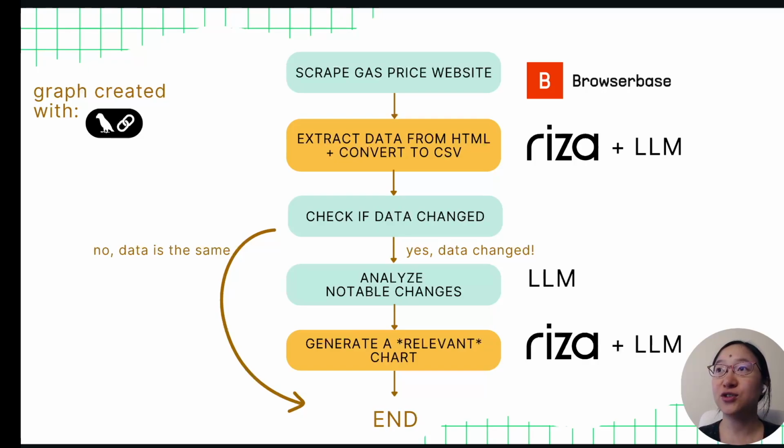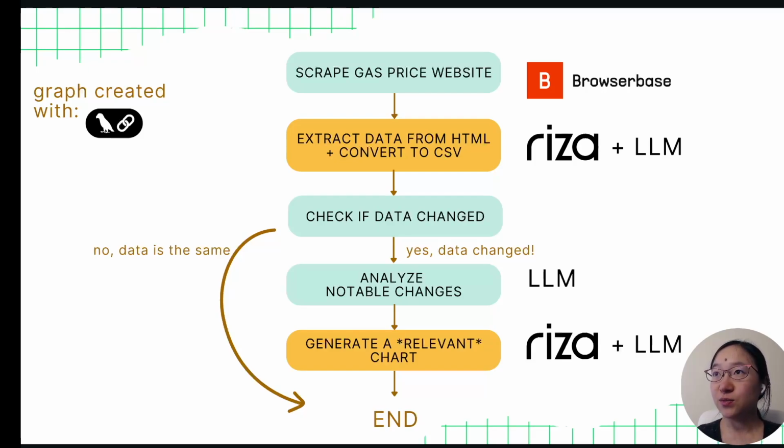If you try to just scrape this data using, let's say, the Python requests library, you will get blocked. And then the next step, we extract the data from that HTML that we've just scraped and convert it to a much easier to manage CSV. Here we actually use Riza, and we don't even have to write all of the scraping code ourselves. We're going to dig into that later in this video.